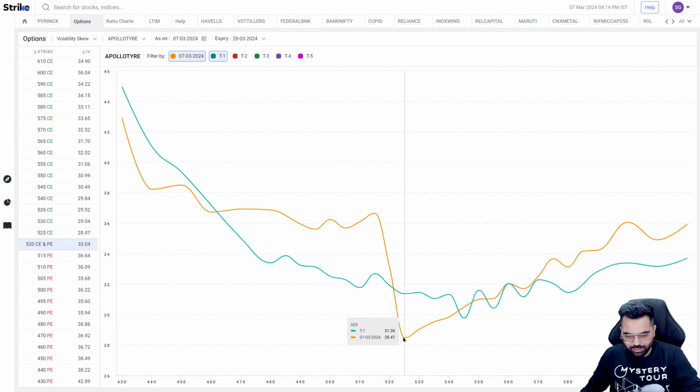Today, it has resulted in a very sharp shift to the left side of the graph. This is not as reliable because I don't know how active options are for this particular stock, and that is why the volatility curve has a very high number of jerks. But nevertheless, we can have a look at the data.